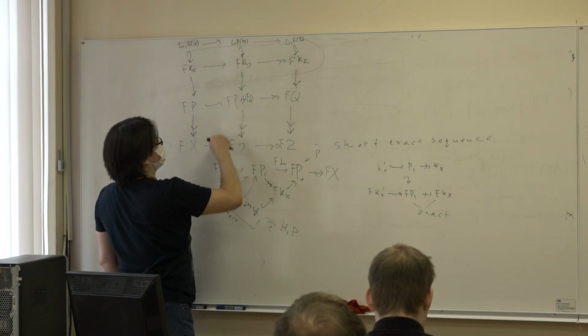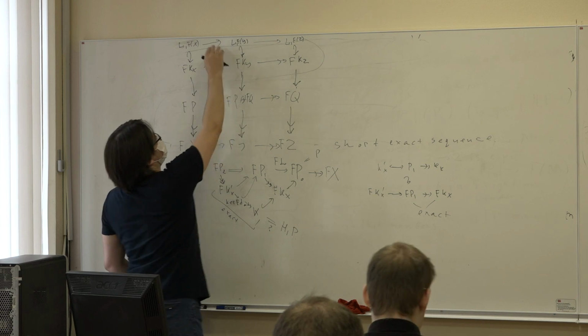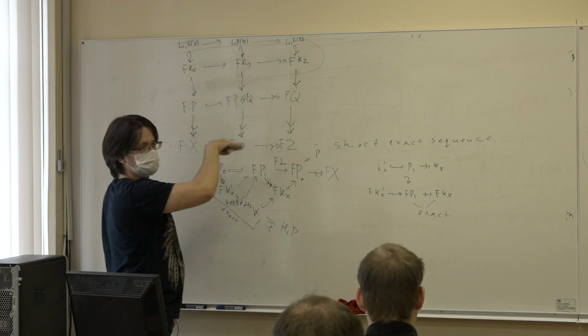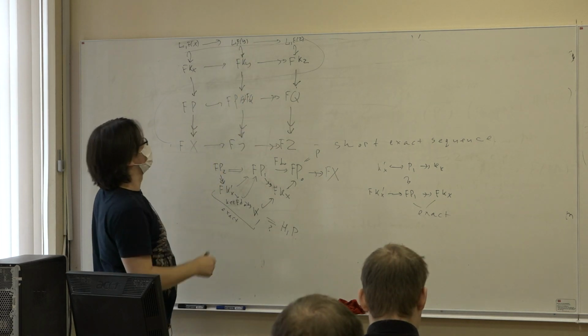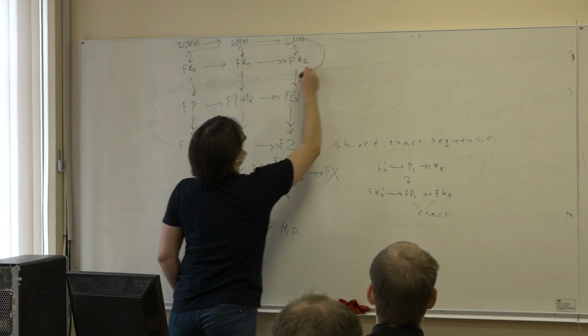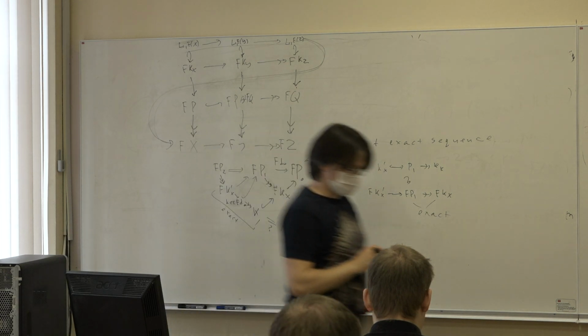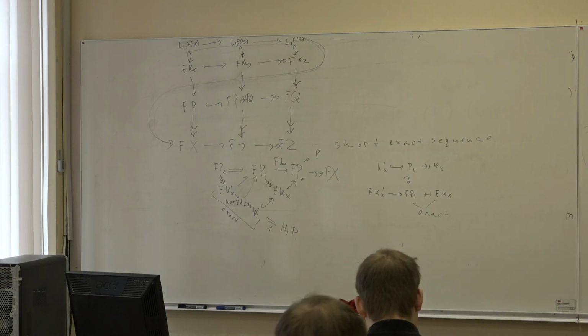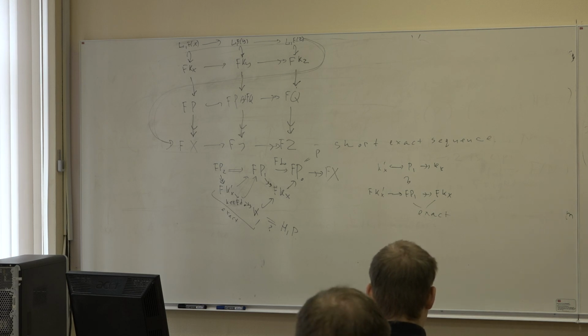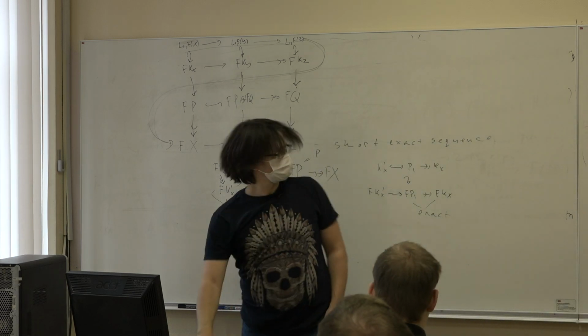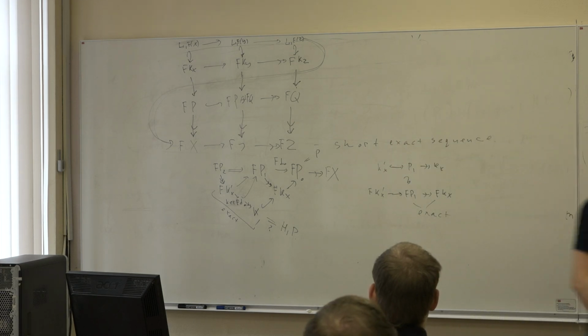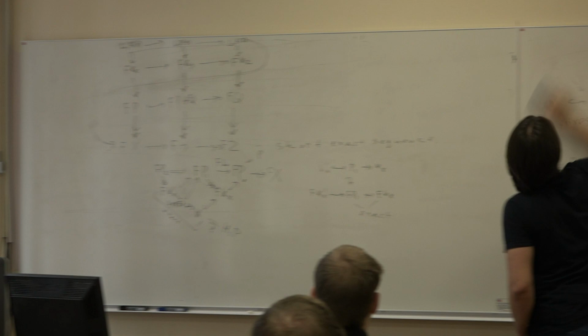The maps that we obtain after applying L1F to the maps between x, y, and z, and we obtain the first part of our long exact sequence. And it has the required functorial property.